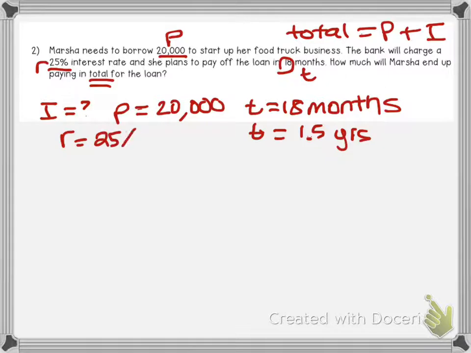And then rate equals 25%, which translates to, move the decimal over 2 times, 0.25. Okay, so we're going to write our formula of I equals PRT.